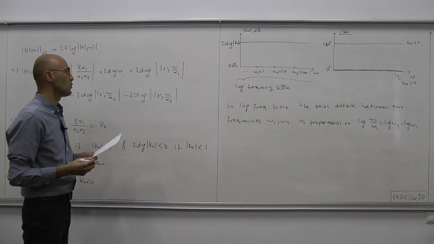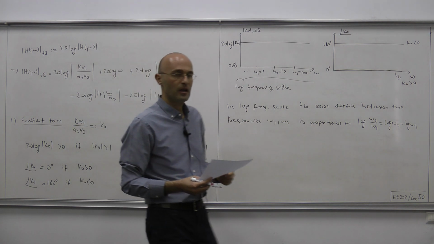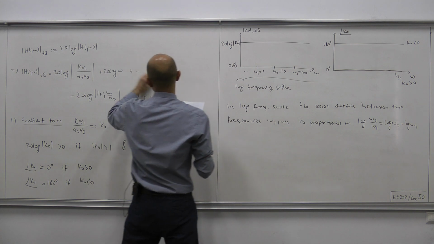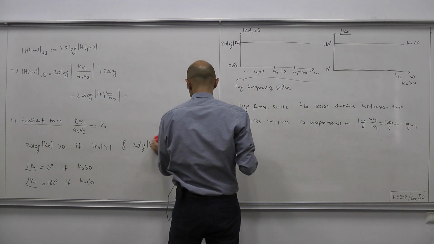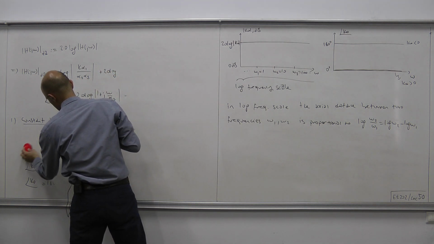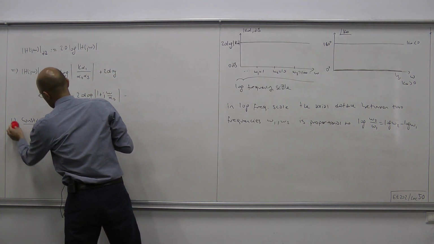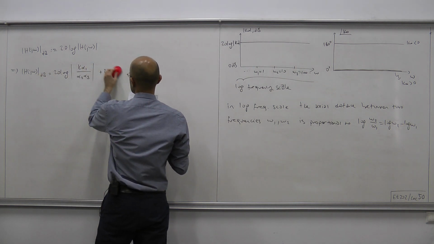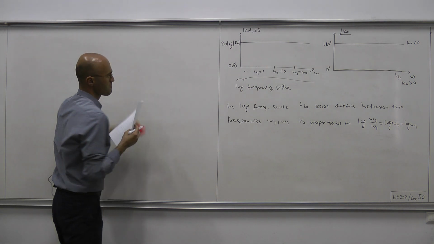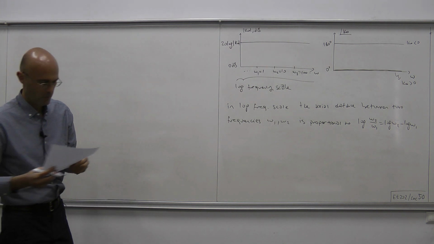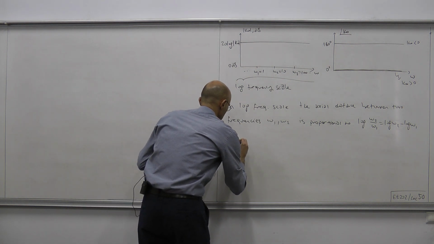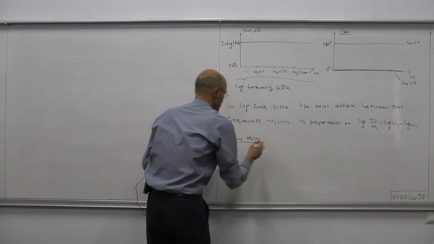Okay, now let's move on to the other type of term, namely R0 at the origin. Second term, j omega term.